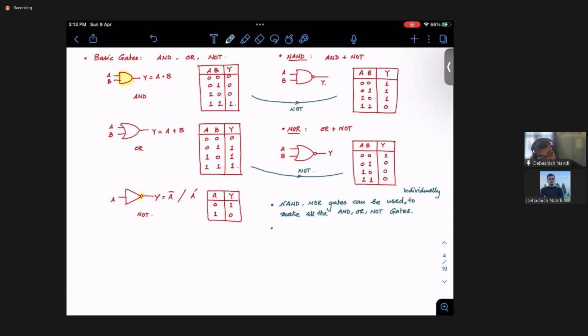That means by using only NAND or NOR gates, we can make any digital circuits, right? That's why these are called universal gates.